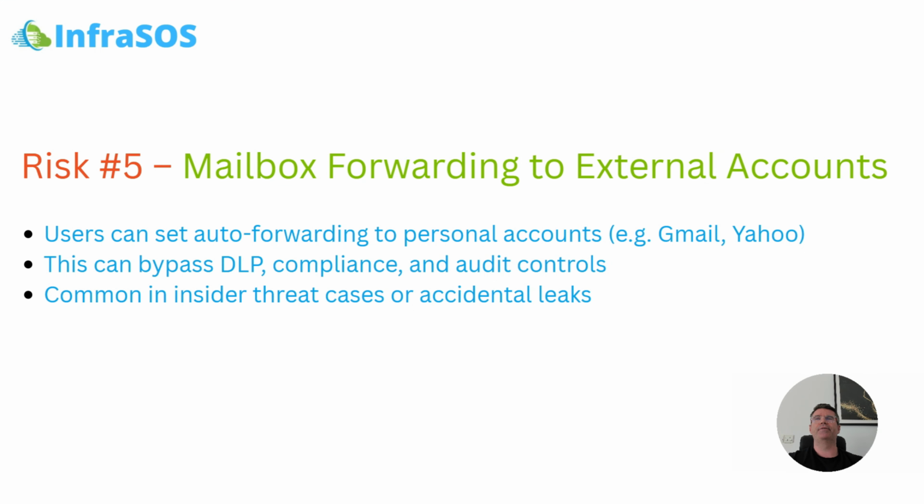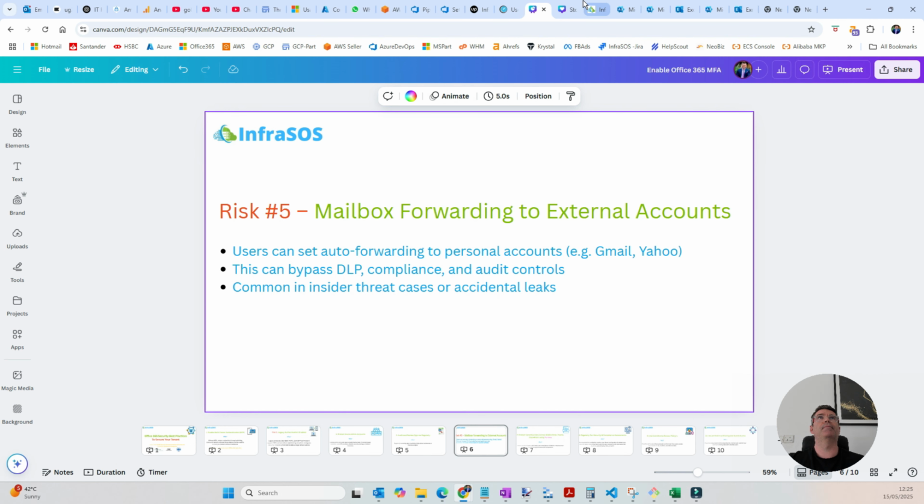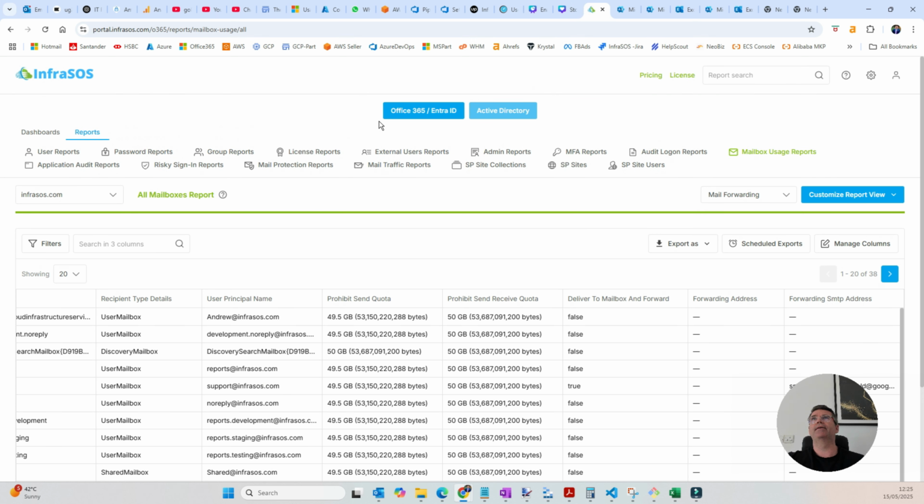Number 5 is mail forwarding to external accounts. Within Exchange Online, users can set auto forwarding to personal accounts like Gmail and Yahoo. Oftentimes this can bypass DLP, compliance and audit controls, and it's a common insider threat that can lead to accidental leaks. The way you can check if anyone has set it up is within InfraSOS.